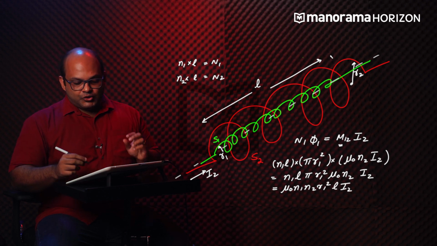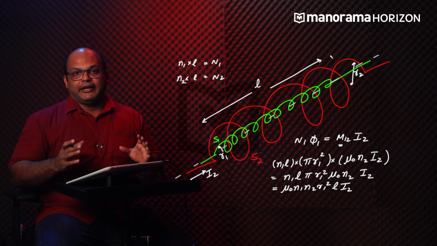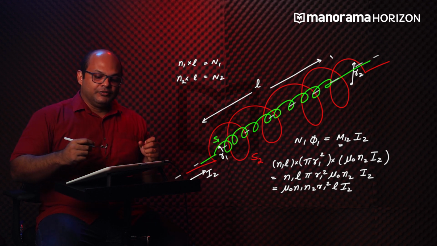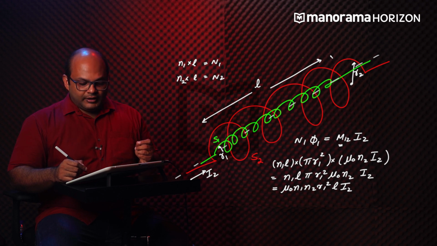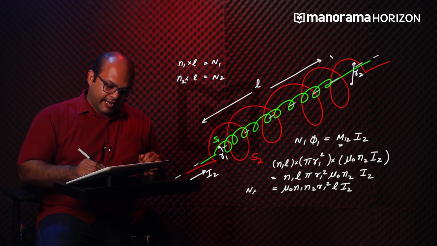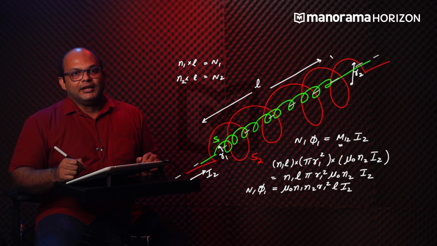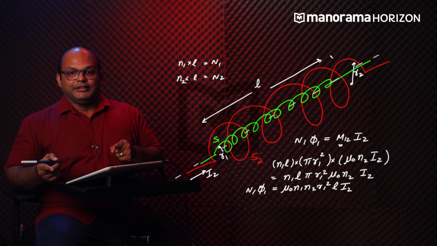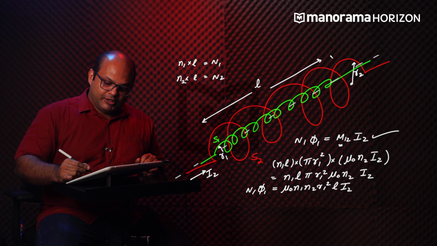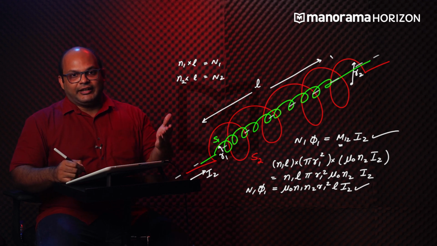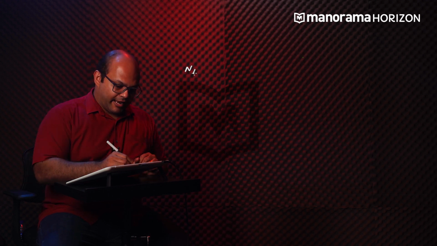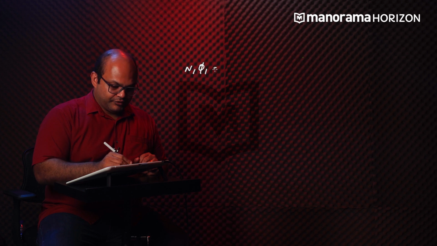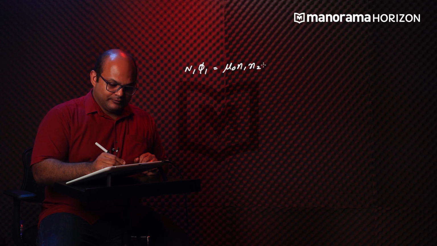That looks better. So this is the total flux generated by the coil S2, which is getting linked with the coil S1. So this is equal to N1 phi 1. This is also equal to M12 I2. So we can equate this equation and rewrite this relationship as N1 phi 1 is equal to mu naught N1 N2 pi R1 squared L I2.